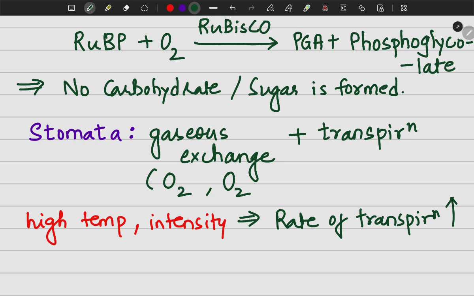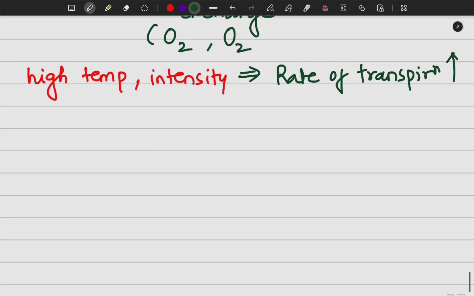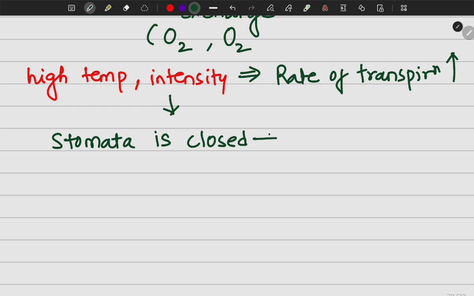So more water is lost from the plant. But the plant does not want to lose more water. So what does it do? It closes its stomata. Once the stomata is closed, then the gaseous exchange stops.